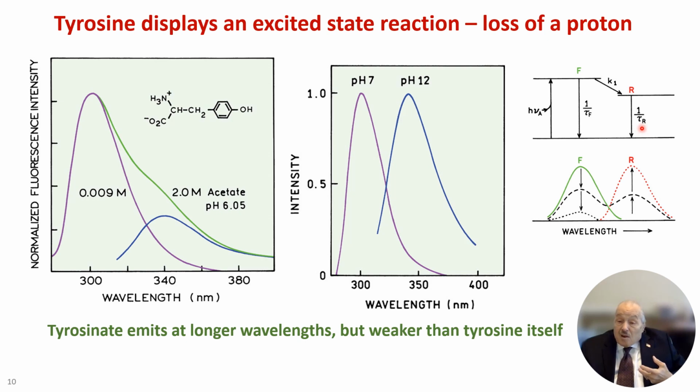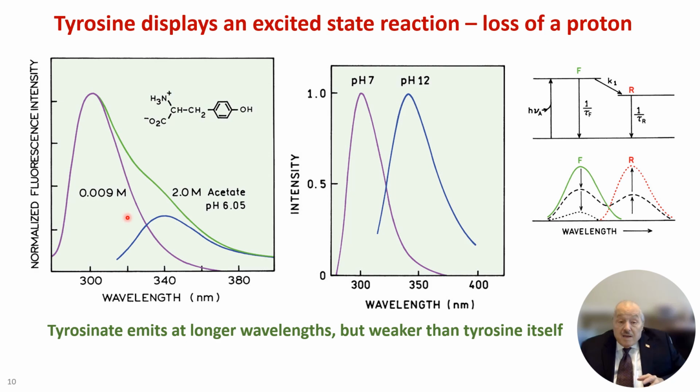The relaxation is the loss of a proton, so it's emitting from a completely different state, and when that happens, you usually see the initial state go down and the subsequent state go up, and that's exactly what happens with acetate.